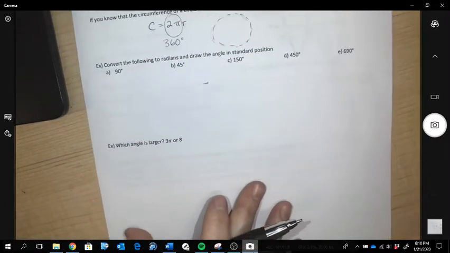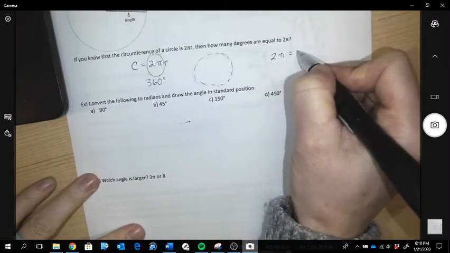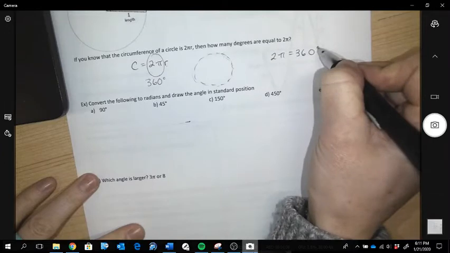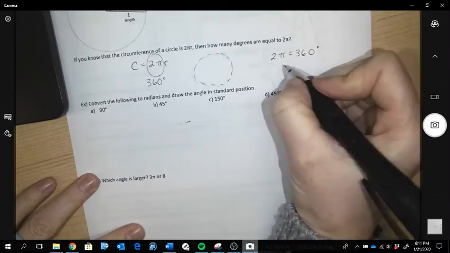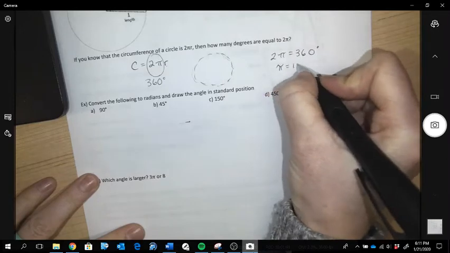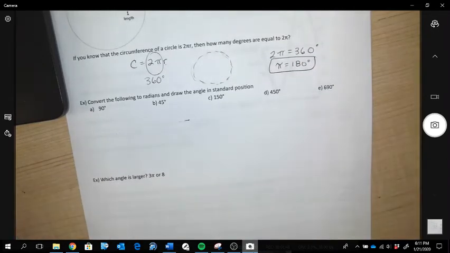Okay, so with that being said, 2 pi equals 360. So 2 pi radians is equivalent to 360 degrees. So I could actually just divide by 2, and I'm going to use that as a conversion. So pi radians is the same as 180 degrees.